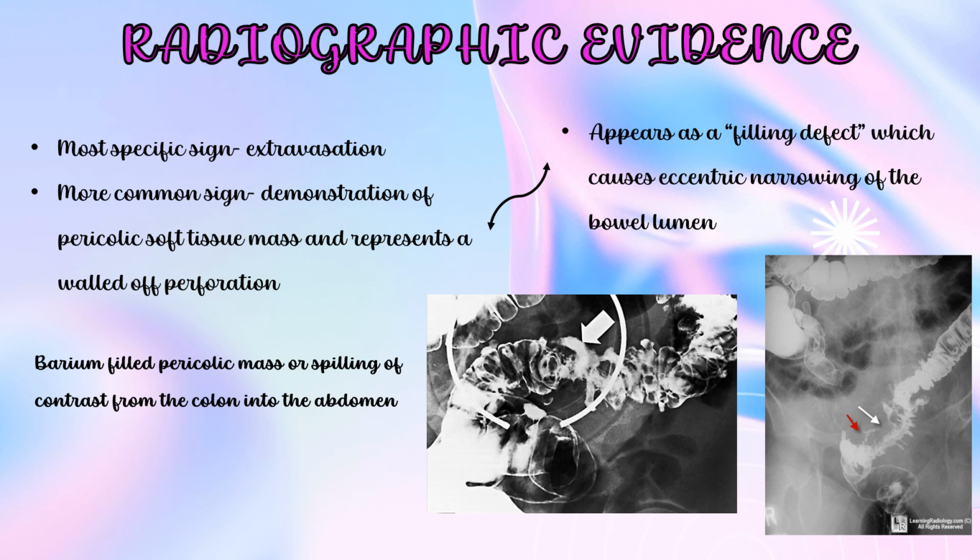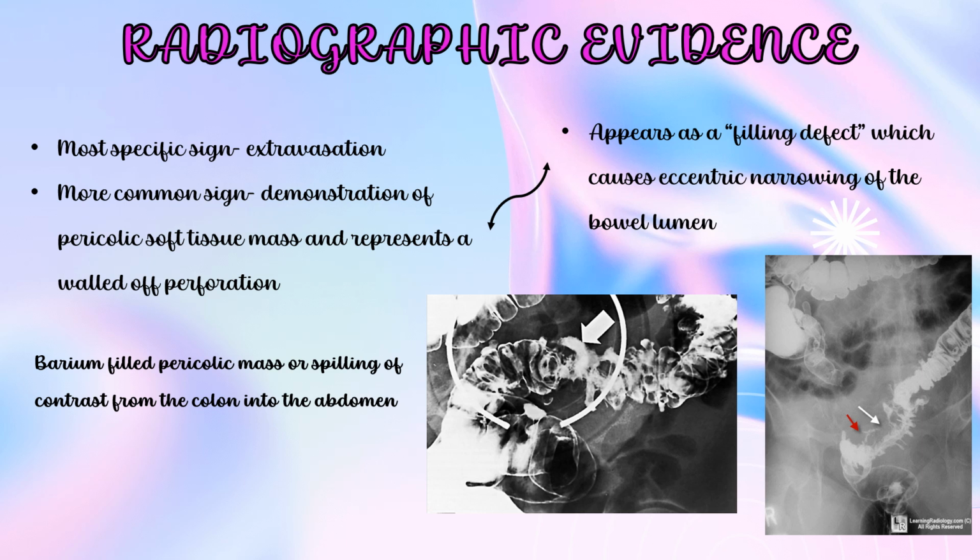I tried putting images from the textbook, but unfortunately I'm not very tech savvy and I didn't know how to do that. A more common sign, though a little less specific, is the demonstration of a pericolic soft tissue mass that has the same attributes as a localized abscess and can represent a walled off perforation.